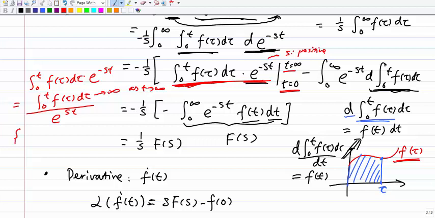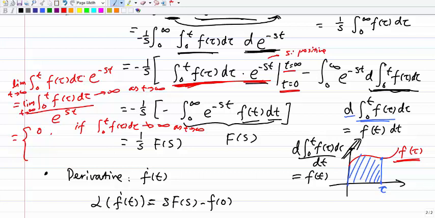So this will equal 0 if the integral from 0 to t of f(tau) d tau does not go to infinity as t goes to infinity. Oh, I should put a limit, the limit as t goes to infinity. So what if it does go to infinity?